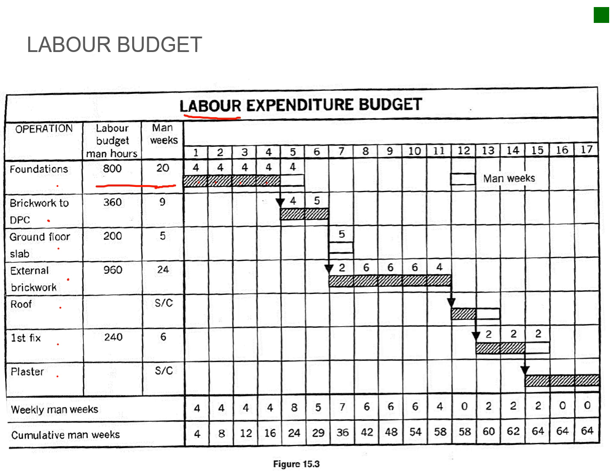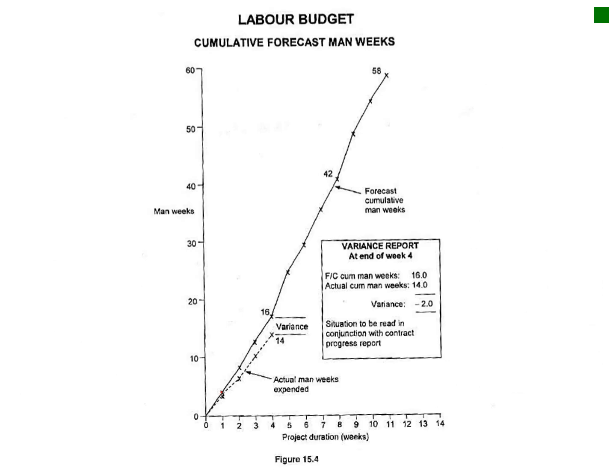Okay, so weekly you've got 4 man weeks planned for your first week of these for your foundations, another 4 there and a 4 there, so you have your cumulative man weeks here at the bottom, which you just plot on your graph like such.